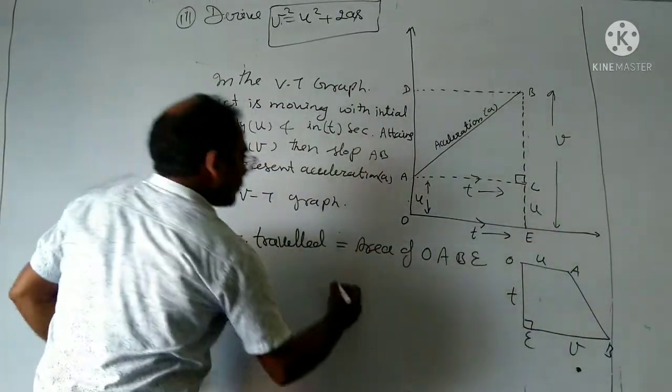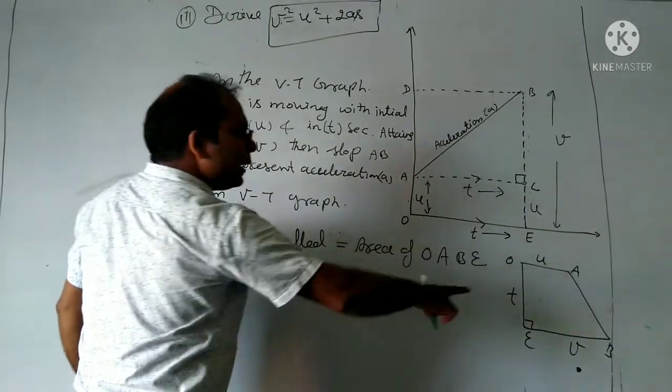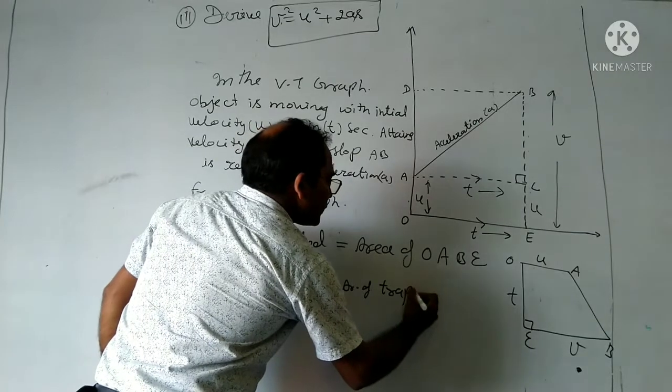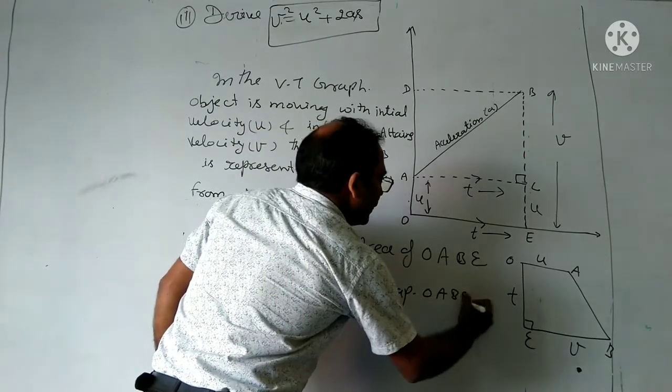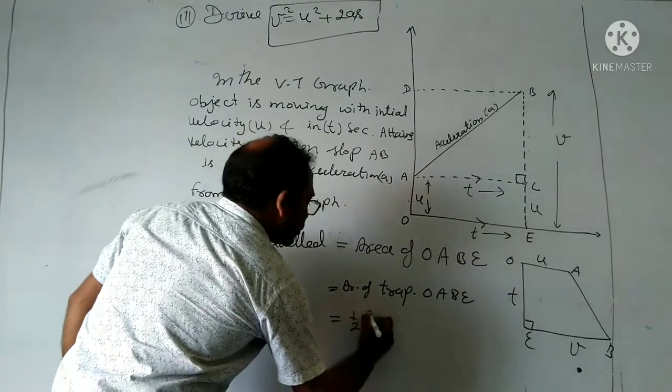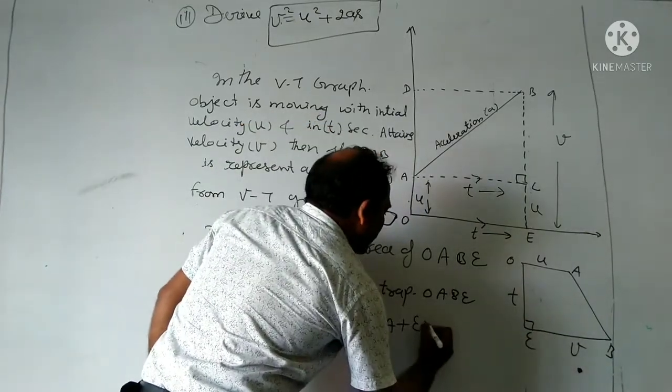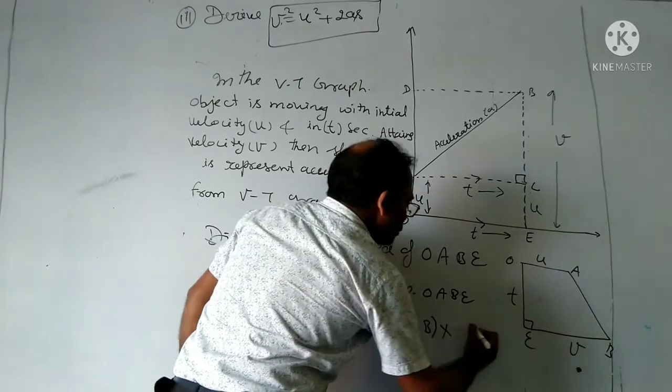Area of trapezium. This OABE will be a trapezium, so here we can write down area of trapezium OABE. Area of trapezium is 1 upon 2 sum of parallel sides OA plus EB into height. Height is OE.